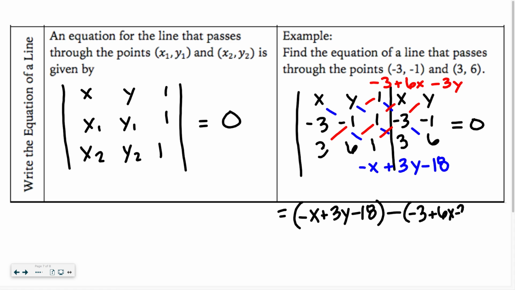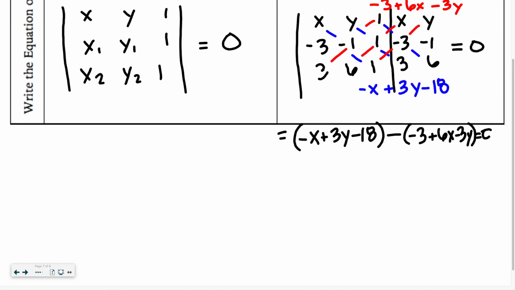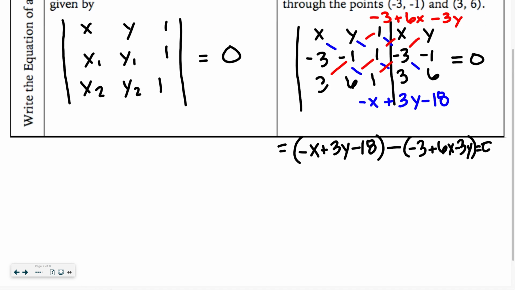I'm going to protect them by parentheses. And now I'm going to change this minus to a plus and just change all the signs in the second set. So it'll be a positive 3, a negative 6x, and a plus 3y. And then I'm just combining my terms.